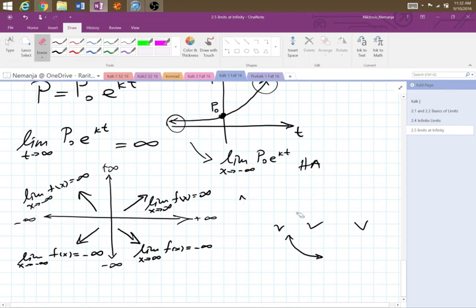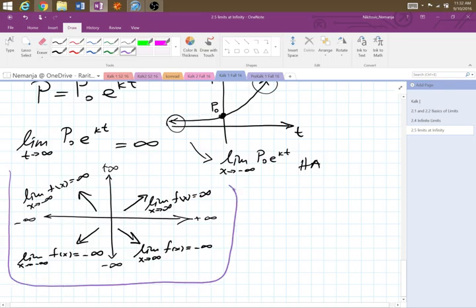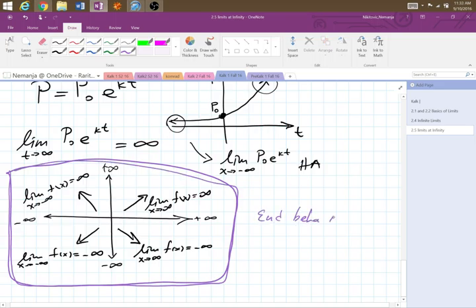So there's too much clutter over here, so I'm just going to box this one. So this is your end behavior of the graph.